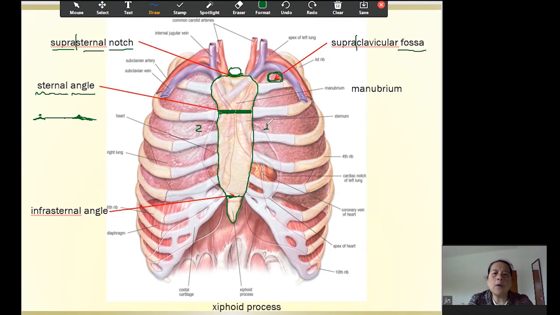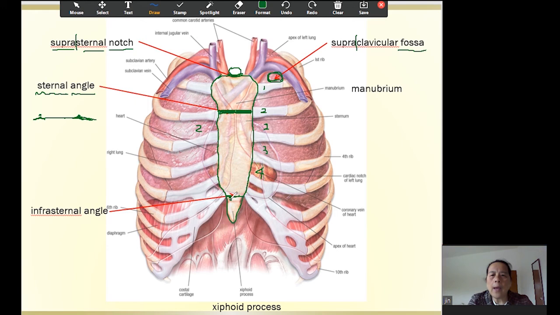Intercostal space is below the ribs. That's the first rib, that's the second rib. Below the second rib is the second intercostal space, and then the third intercostal space, fourth intercostal space. So that's another symbol. We calculate the ribs.